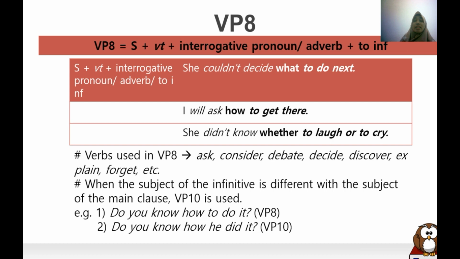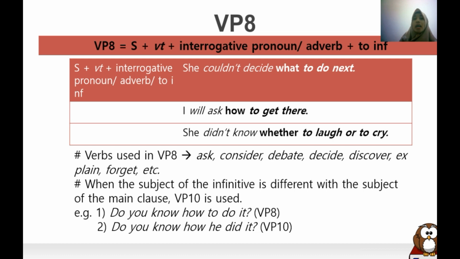Next, we have VP8. The formula is subject plus VT plus interrogative pronoun or adverb, again, interrogative pronoun or adverb plus to infinitive. For example, she couldn't decide what to do next. She is the subject, couldn't decide is the VT, and what here is the interrogative pronoun, and to do next here is the to infinitive.